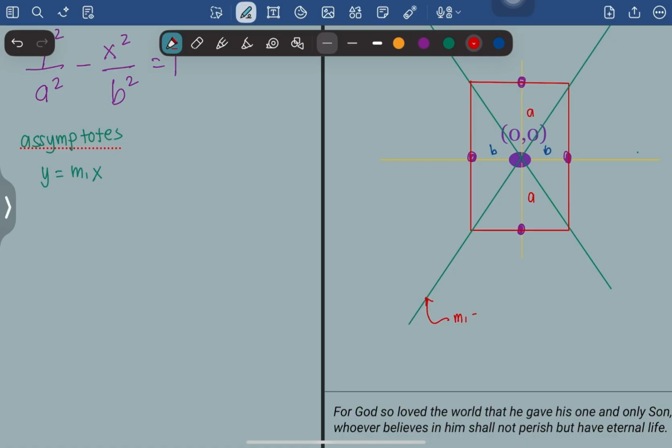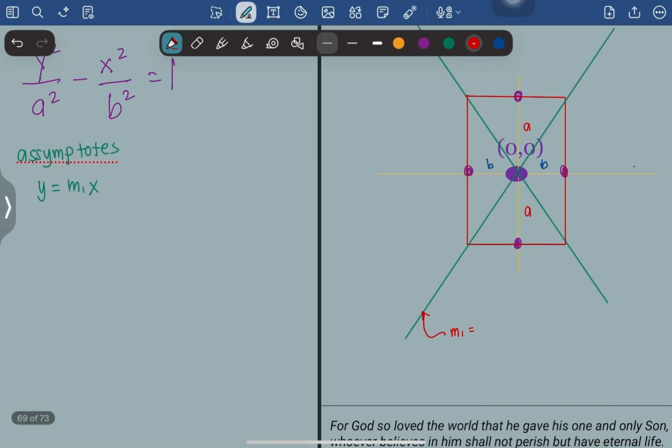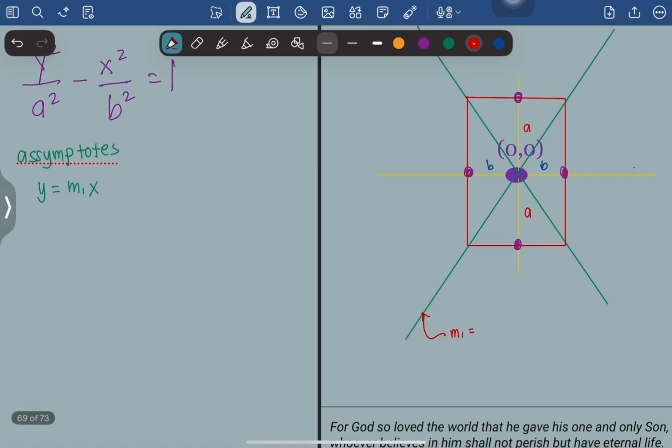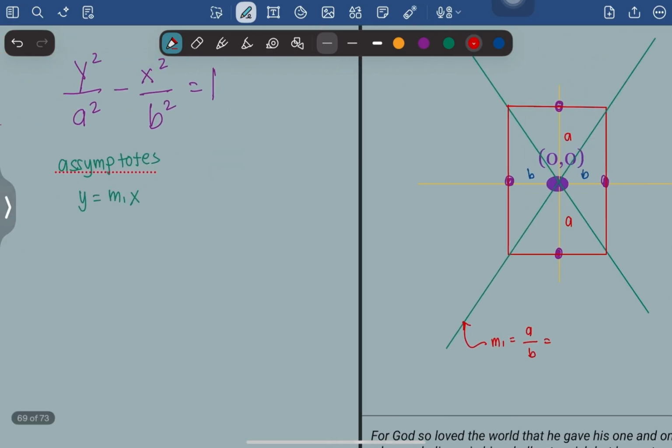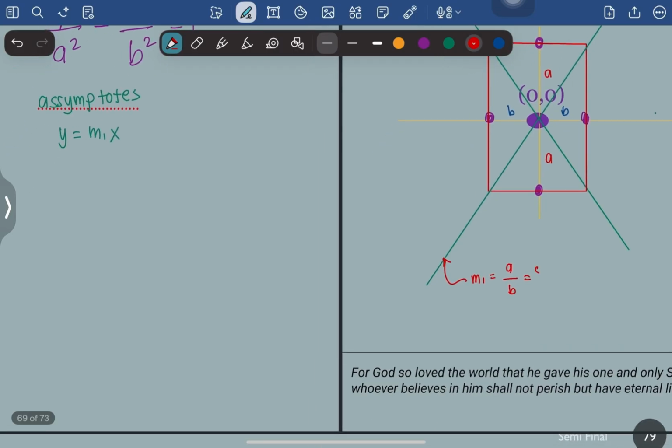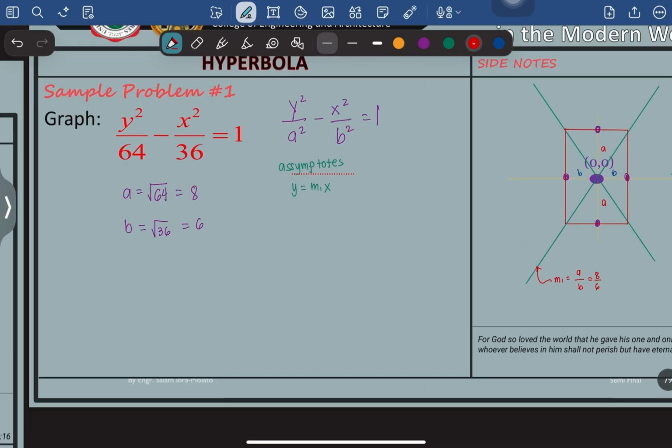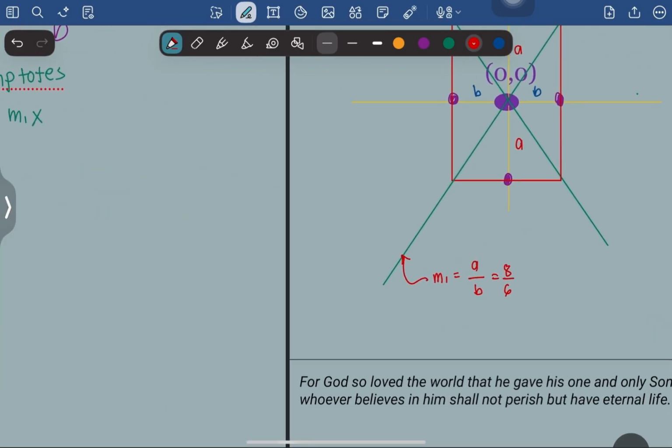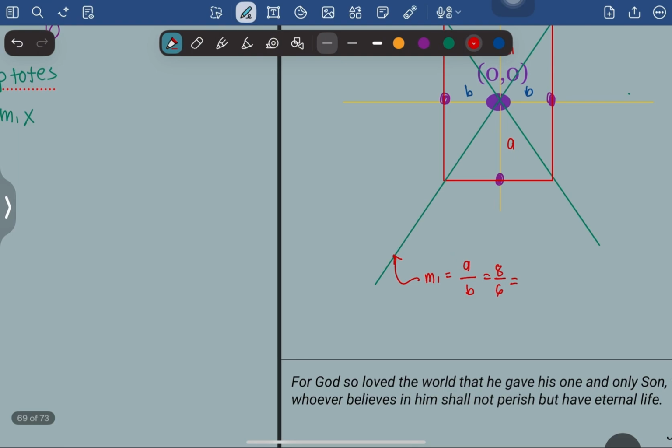So m1 is equal to, what is the rise? So rise is A over the run, B. So A is 8 over 6, or to simplify, 8 over 6 is 4/3.